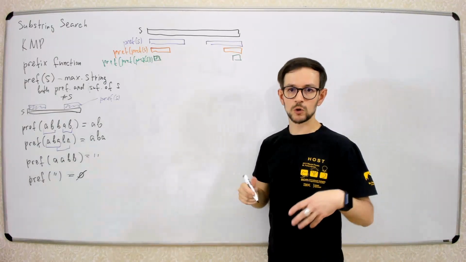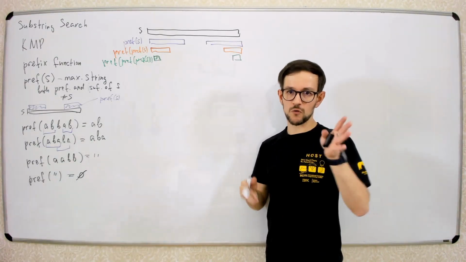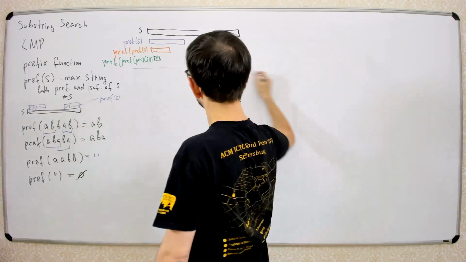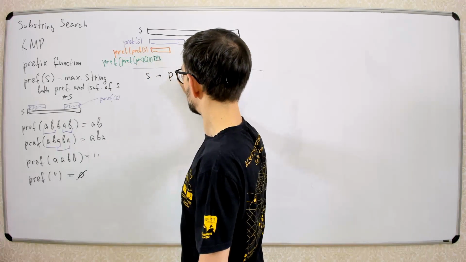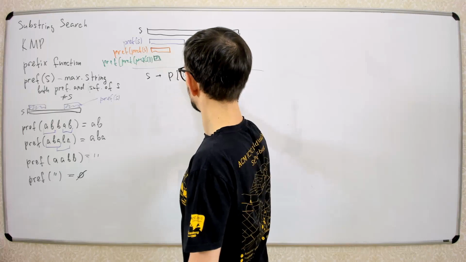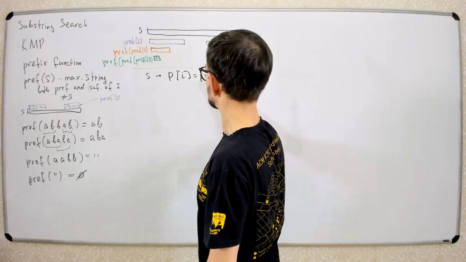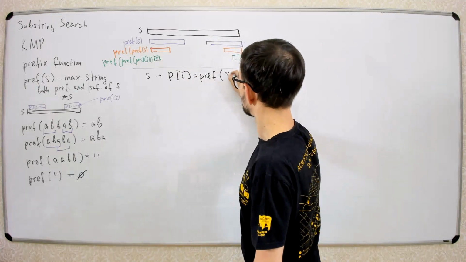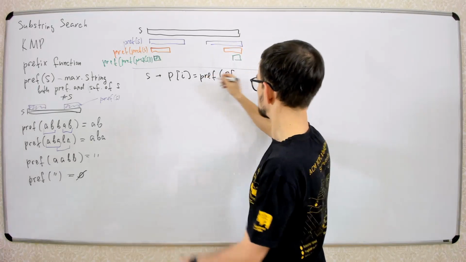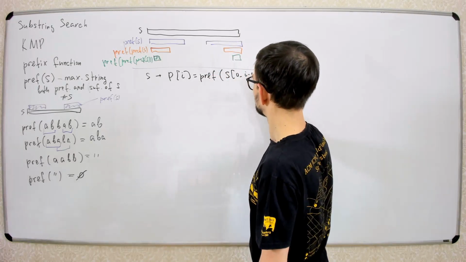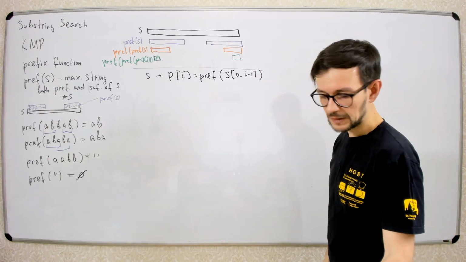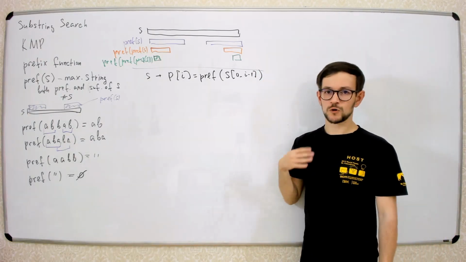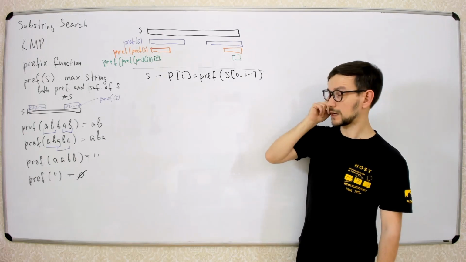I want to calculate the array p, where p of i is the prefix function of the prefix of size i, say from 0 to i minus 1. That's basically what the Knuth-Morris-Pratt algorithm does.